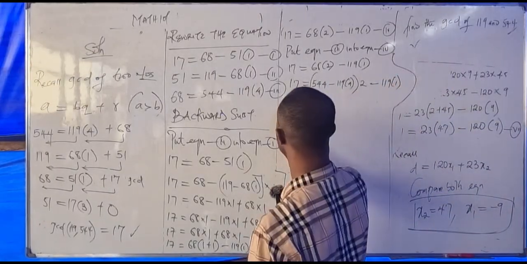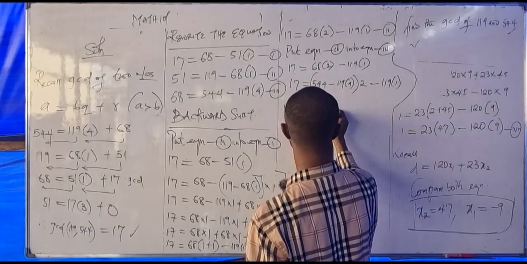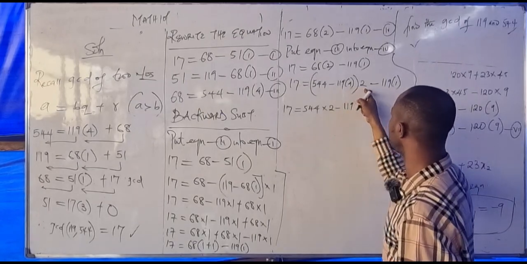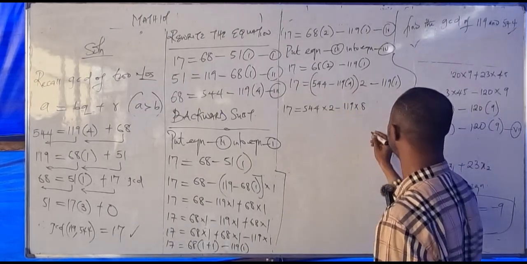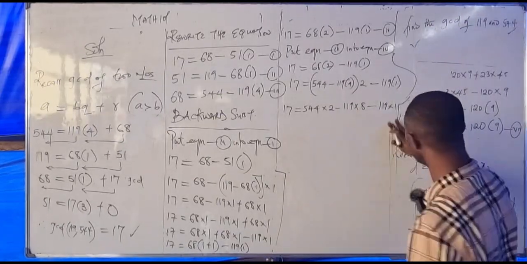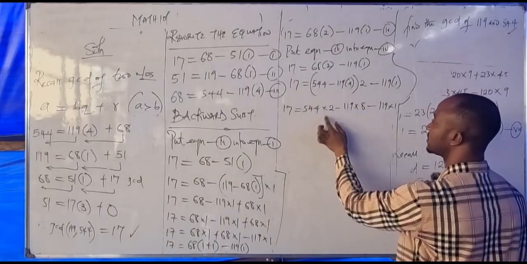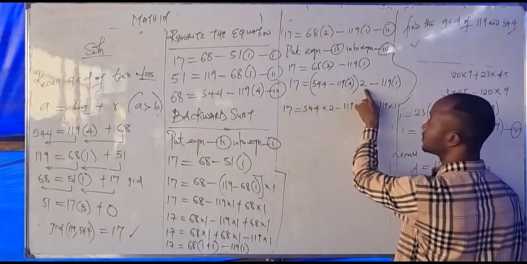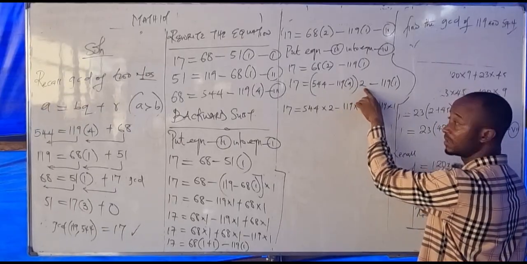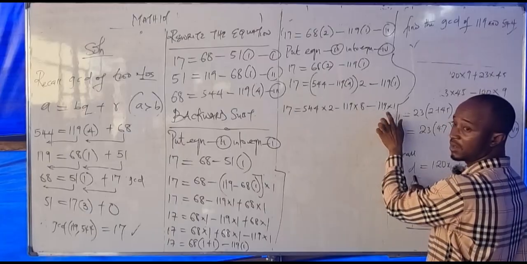So this is 17 equals 544 times 2 minus 119. What is 4 times 2 here? 8. Times 8. Minus 119 times 1. I explained before that when you're expanding, this becomes 544 times 2. If I'm expanding, this 4 multiplies just this 2, not this 119. What's 4 times 2 here? It is 8. Minus 119.